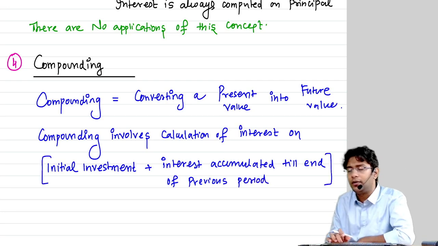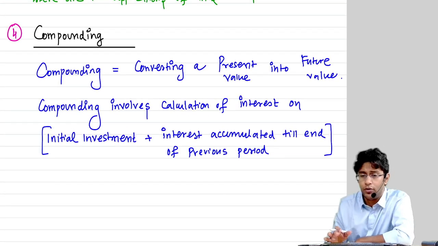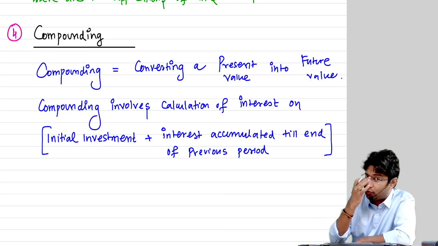So you have to apply the interest rate not on the original amount but on the accumulated amount.